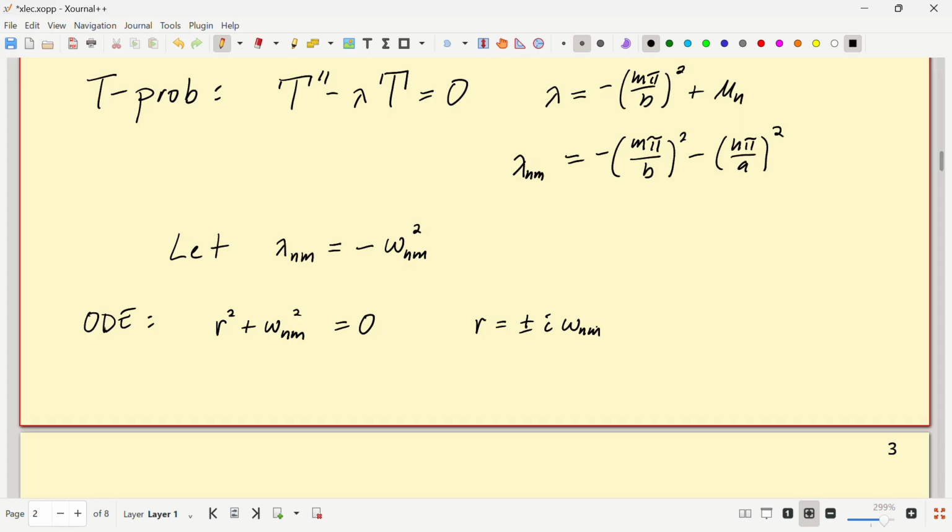And so we know from the ODE theory that my t solution, which depends on the n and the m, so I'll call it T nm of t, is a nm cosine omega nm t plus b nm sine omega nm t.